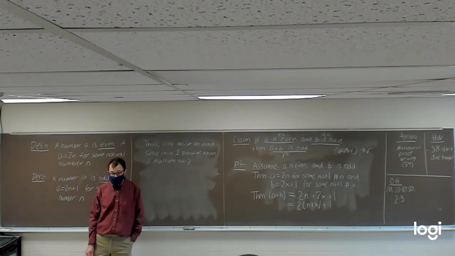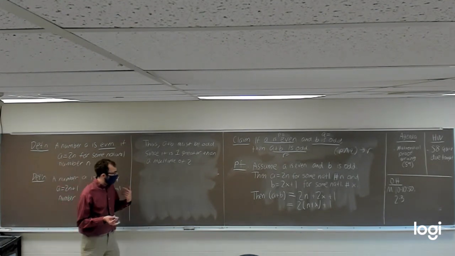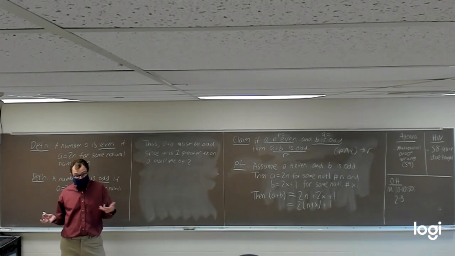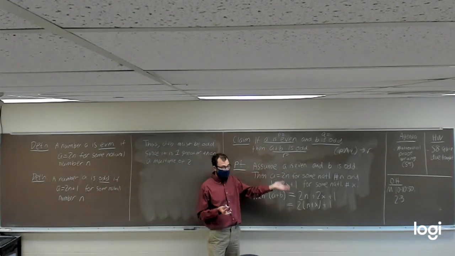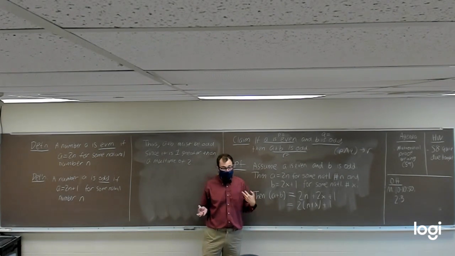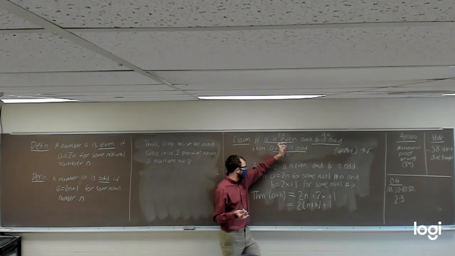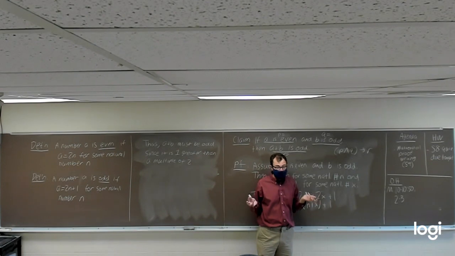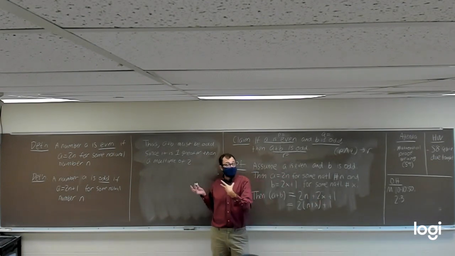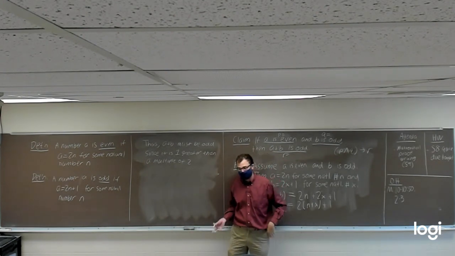The cool thing about this claim is that since A and B could be any even and any odd number, you can plug in whatever you want for A and B. We've just shown 1 plus 4 has to be odd. We've shown 10 plus 11 has to be odd. No matter what you plug in for A, as long as it's even, and no matter what you plug in for B, as long as it's odd, A plus B must come out to some odd number.